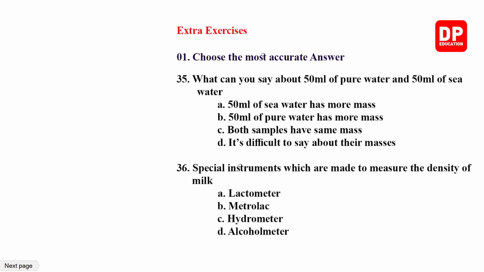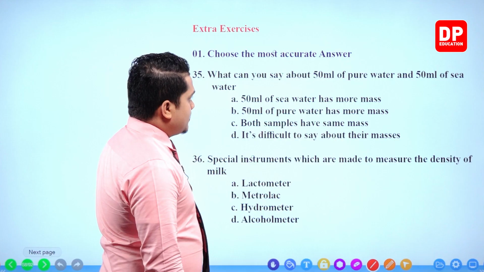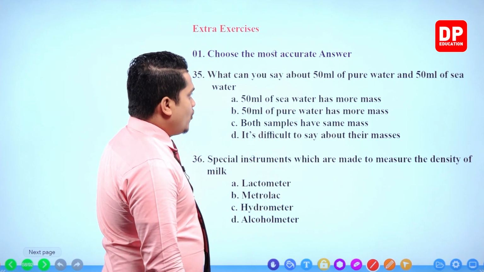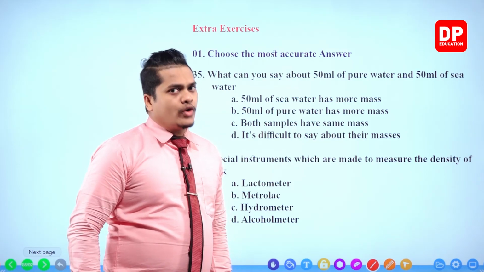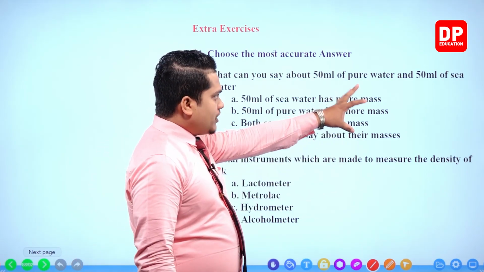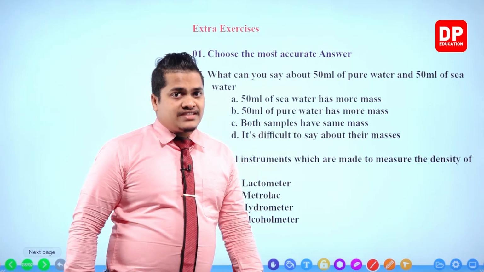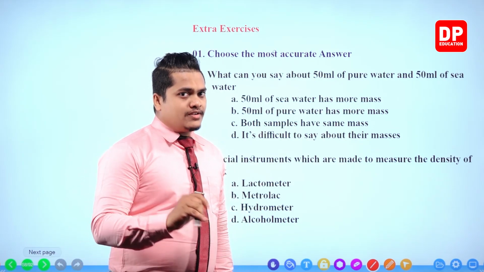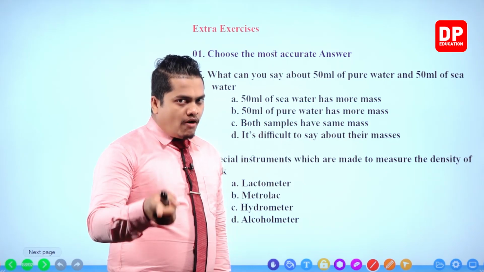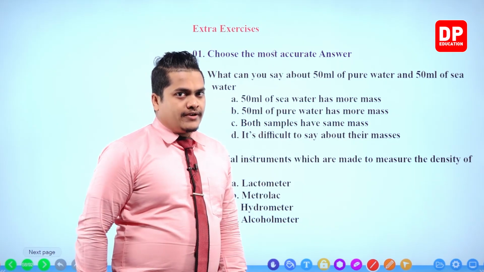What can you say about 50 ml of pure water and 50 ml of sea water? 50 milliliters of pure water contains only water. However, in sea water there is plenty of salt dissolved. So we can say that the density of sea water is greater than the density of pure water.